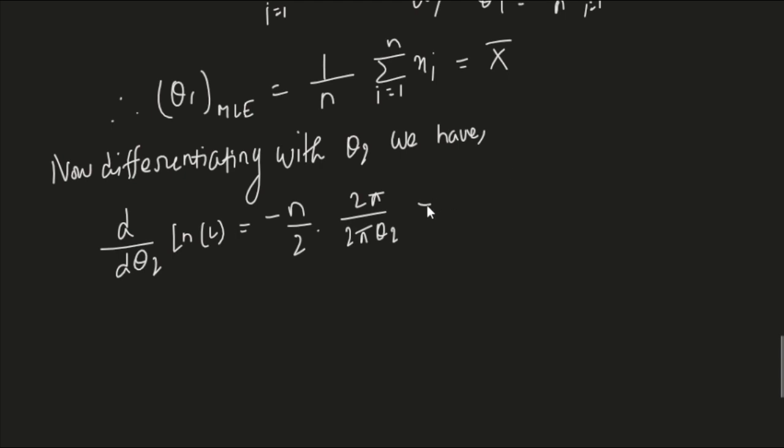So this would be plus 1 by 2 theta 2 squared times the summation i equals 1 to n of (xi minus theta 1) whole squared, because this term acts as a constant, right?